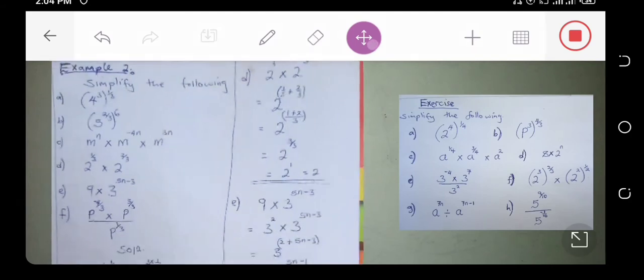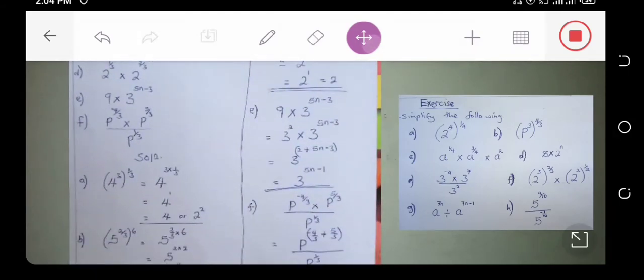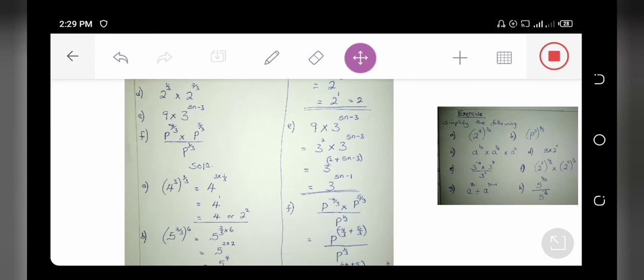Let us go to E. E we have 9 times 3 to power 5n minus 3. Here we express 9 in terms of 3, because its neighbor is 3, which is the base. So it will be 3 squared times 3 to power 5n minus 3. Here we express 9 as a product of its factors, that is 3 squared.